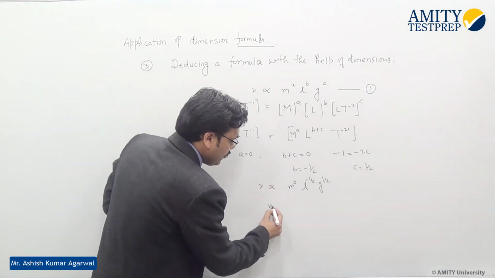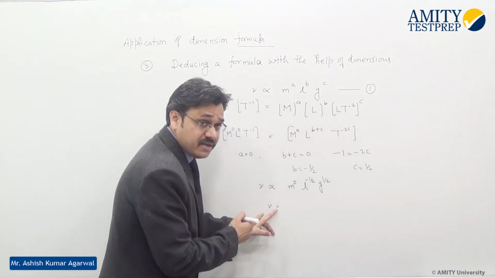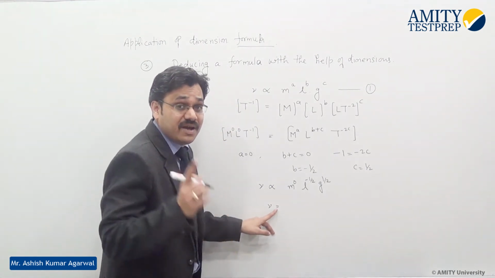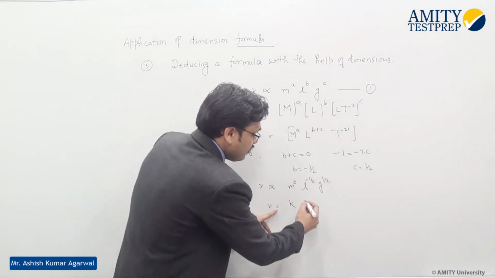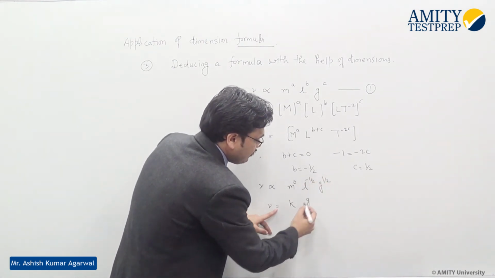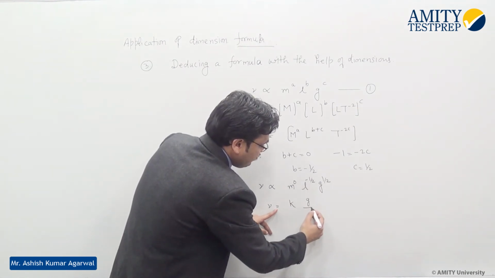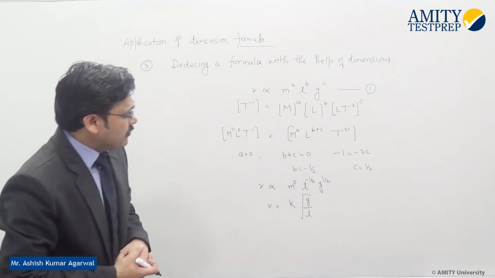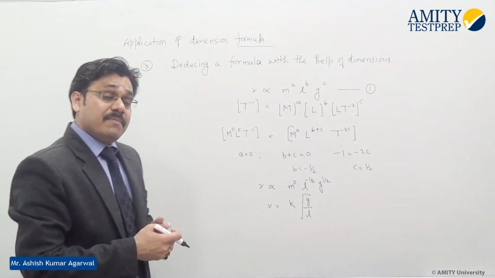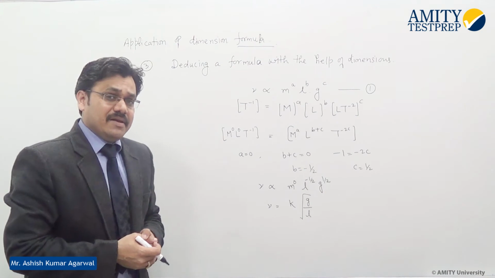Now again, if I want to replace this proportional sign, I have to put a constant. Let the constant be k, and g to the power half means under root g, L to the power minus half means divided by under root L. So the formula for frequency will be equal to k under root g by L.